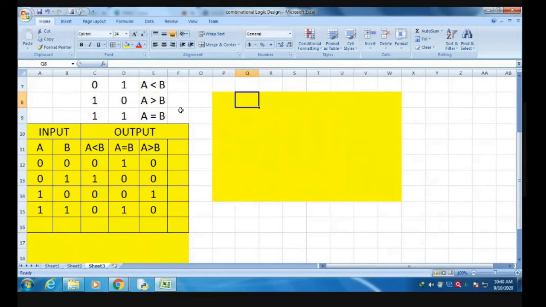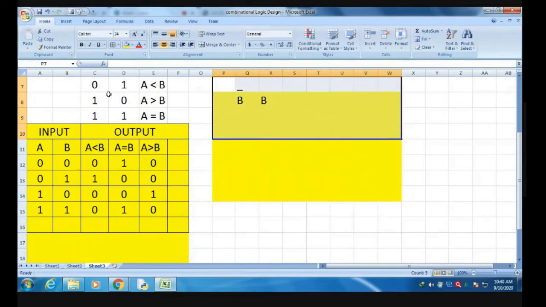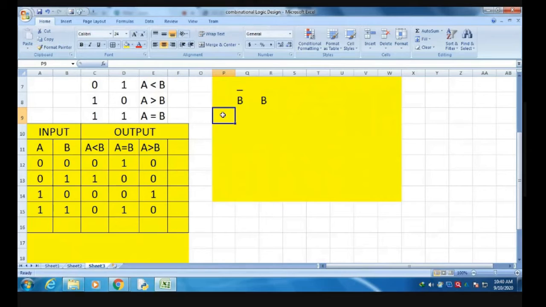B is here, so B and B bar, and here A bar and A. Okay.